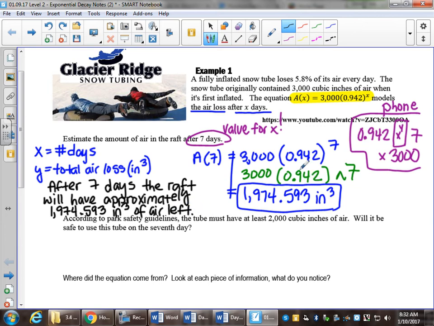If you need to pause it to finish writing your sentence, do that. That's a big drop. You started off with 3,000 cubic inches of air, and just after a week, you're down to 1,974.